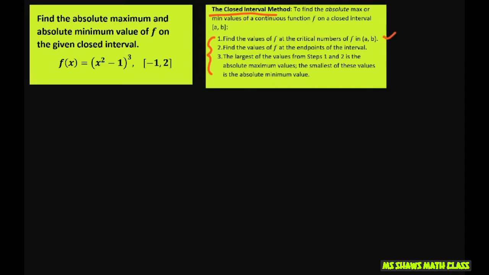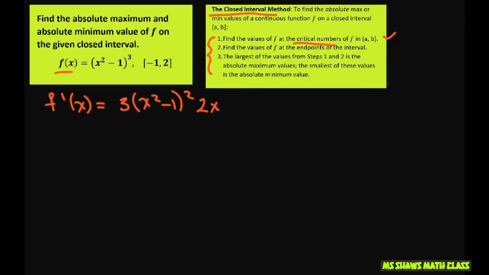The way you find critical numbers is you take the derivative of f. So f prime of x is going to equal, and we're using the chain rule here, 3, bring this 3 in front, so this is going to be (x squared minus 1) squared, and then take the inner part, which is going to be 2x.